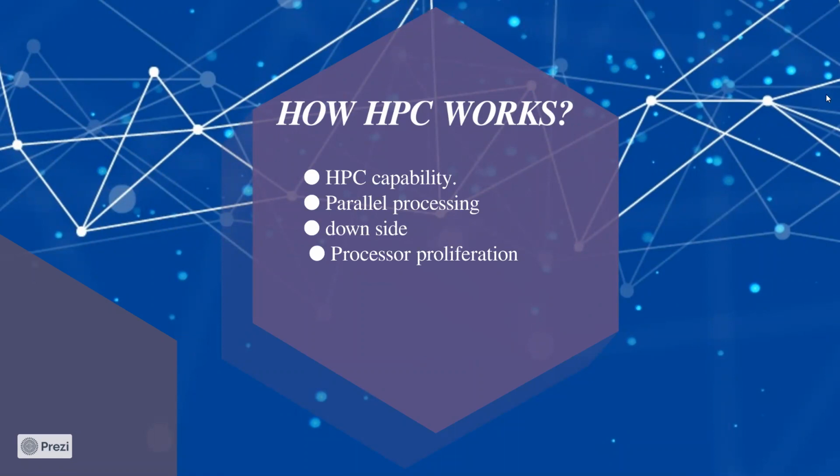Processor proliferation. A computer consists of a processor and memory. Essentially, the processor conducts the work and memory holds information. When the work you need to conduct is relatively basic, you only need one processor. But if you have many different variables and large data sets, you sometimes use additional processors.